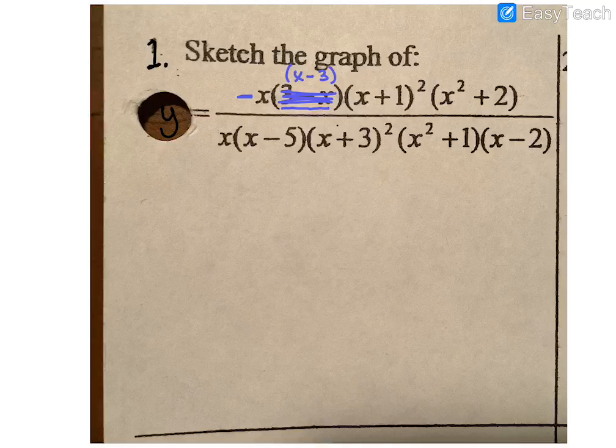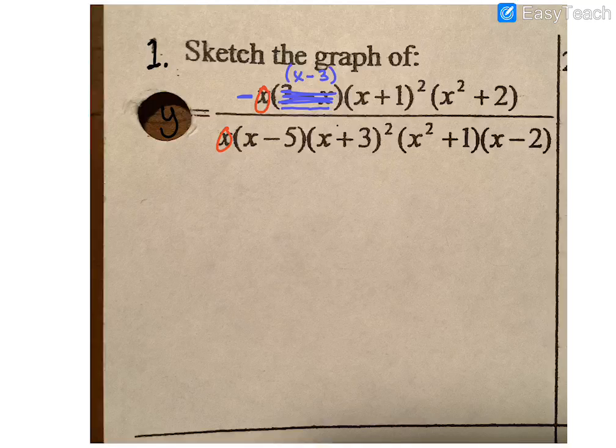Now, I generally like to look at zeros. If you recall, zeros are found by setting the numerator equal to 0, and vertical asymptotes are found by setting the denominator equal to 0. Before we do that, I do also want to point out that we have one factor in common here. Both numerator and denominator have a factor of x.